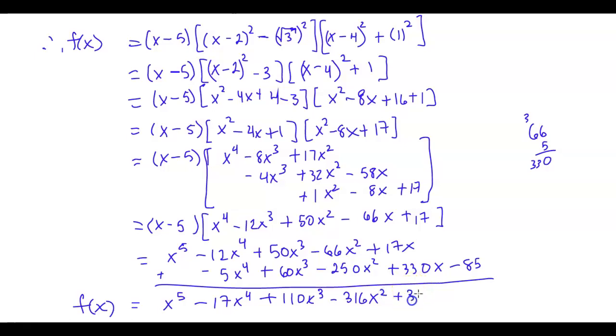And this is 347x. Then minus 85. And so that is what our polynomial would be if we were to multiply everything out after we have it in our factored form here.